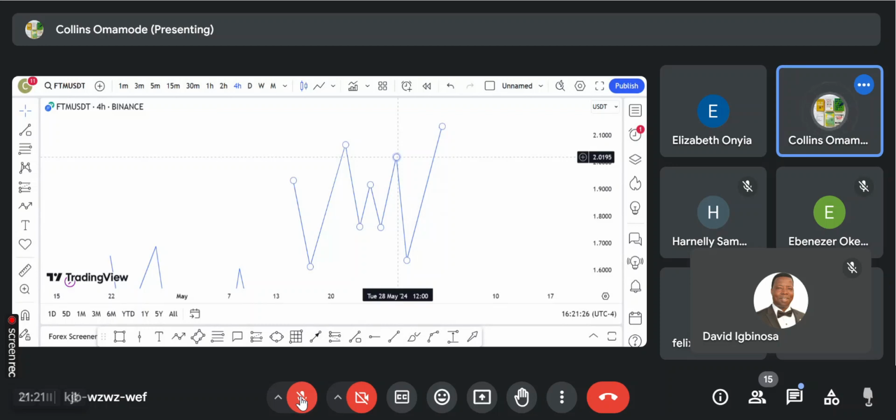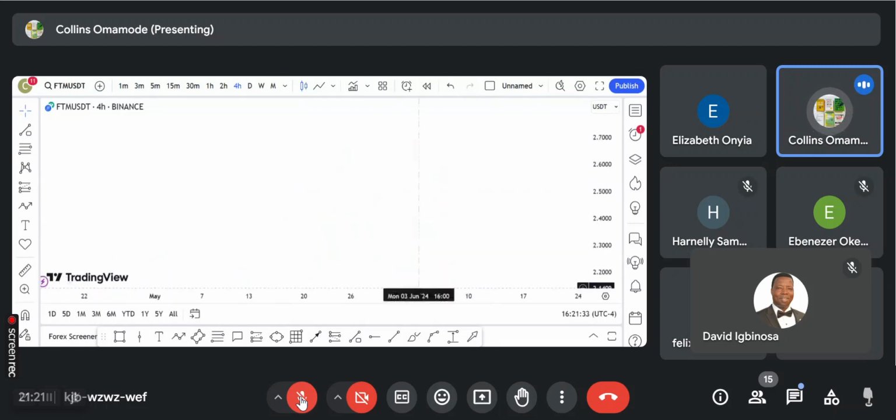So next week, basically, we'll be dealing with entry, because when I come to the market, look at what I look for. Look at my checklist.